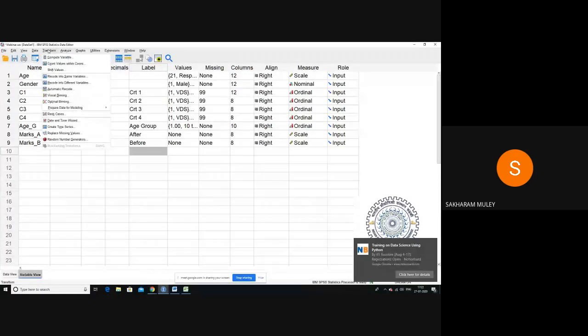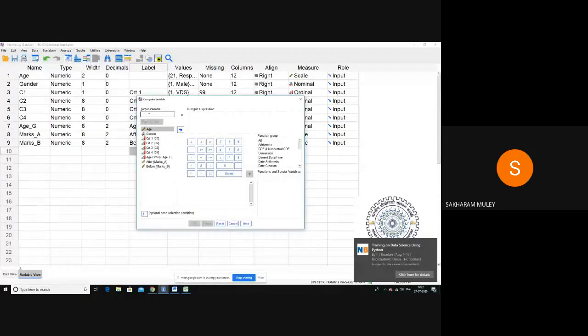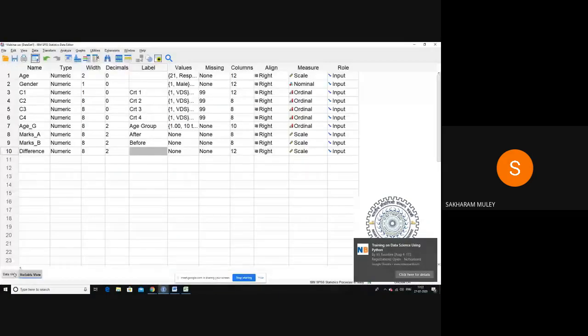Compute variable is the option for me, and I'm calling it difference. Understand how we can use compute variable difference. You can take any difference, that is after marks minus before marks, and we will click OK. So you will get a new variable in your SPSS, and automatically it will give you the difference.